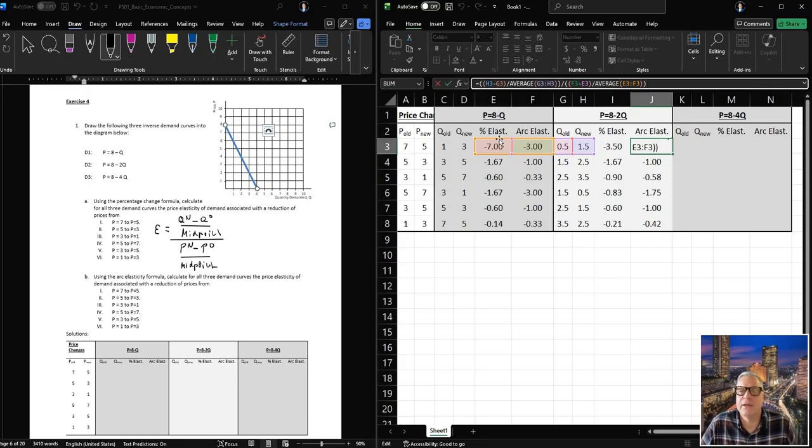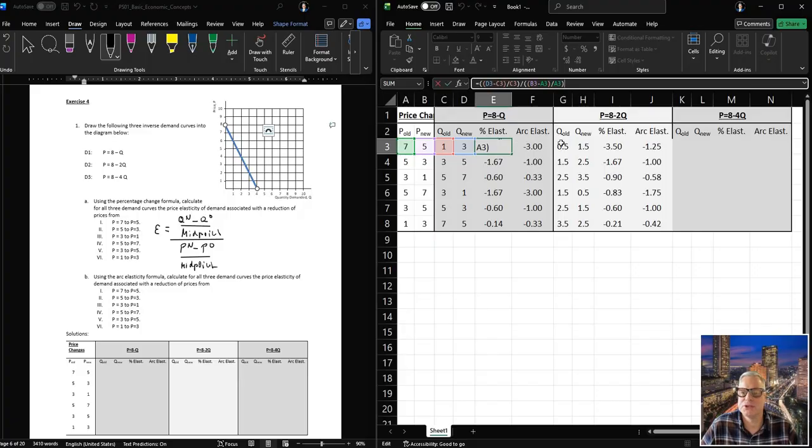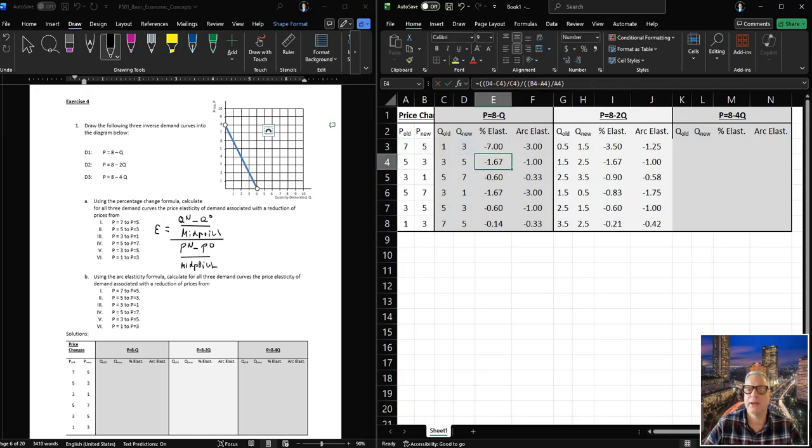I should have, of course, in the formula here, because the price stays always the same, put a little dollar sign in front of the old price and the new price, which are cells A3 and B3, so that when I copy the formula to the right, this doesn't change.